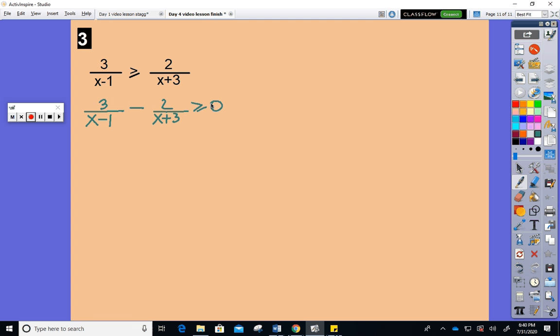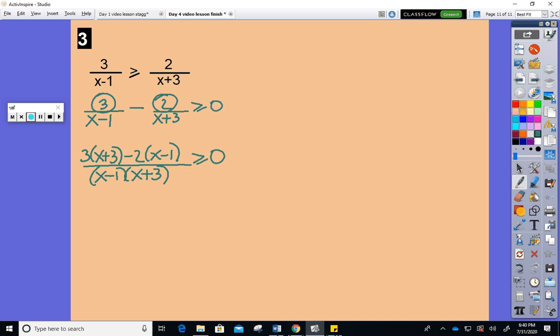You've got to get everything into one single fraction, so you've got to subtract your fractions. If I subtract my fractions, my common denominator has to be x minus 1 times x plus 3. That means you've got to multiply the first numerator by x plus 3, and the second numerator, so minus 2, times x minus 1, and it'll be greater than or equal to 0.